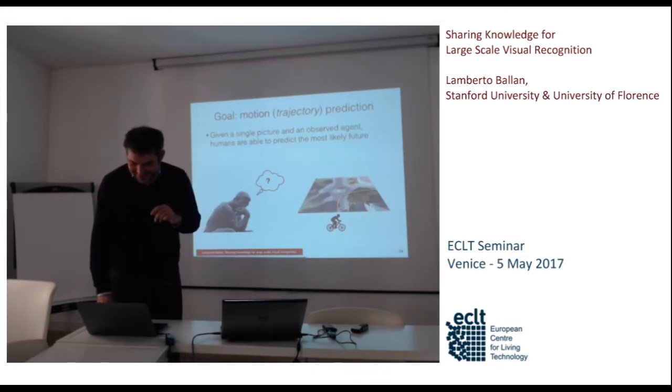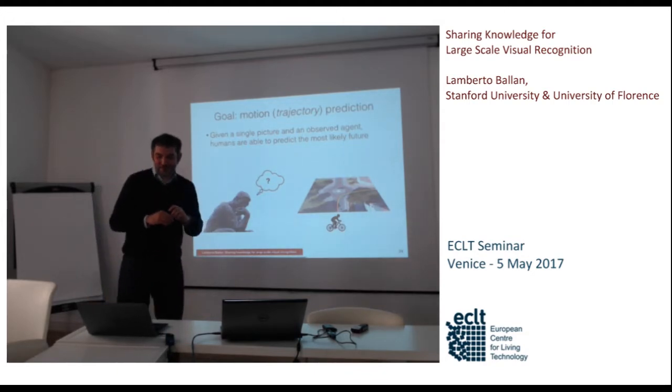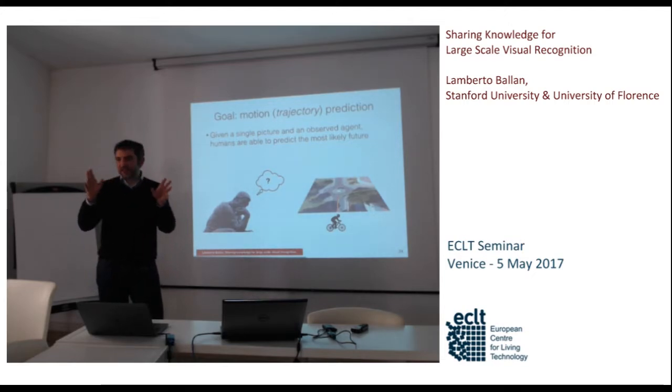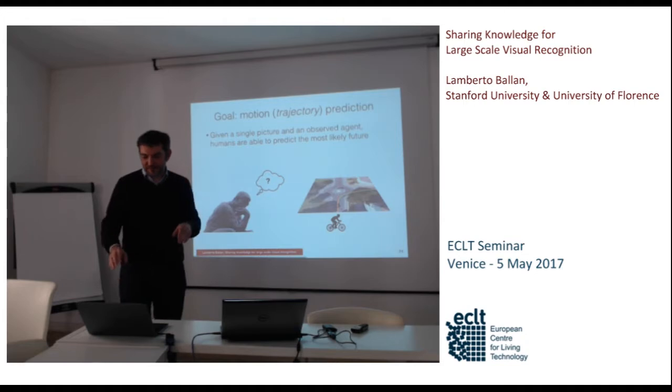But anyway, if you have a new scene, even if you look at a scene that is new for you, you have an idea of what is going on there, and maybe you can also try to predict the most likely behavior of the other agents, like people or cars, in the same scenario.